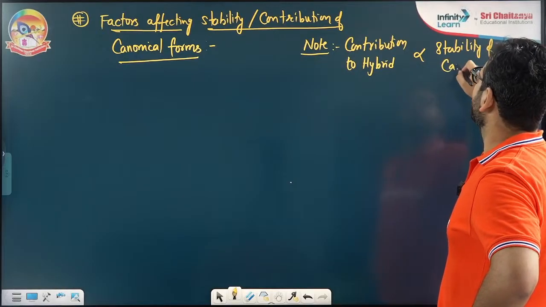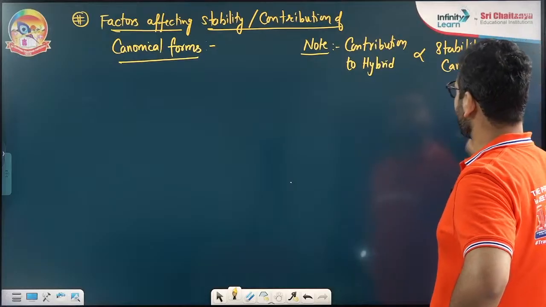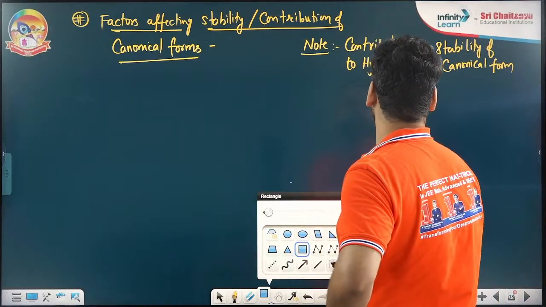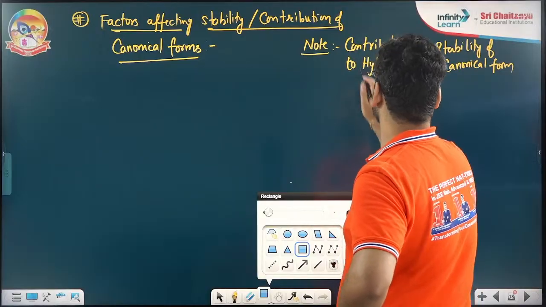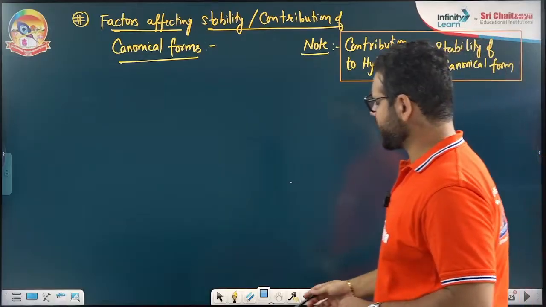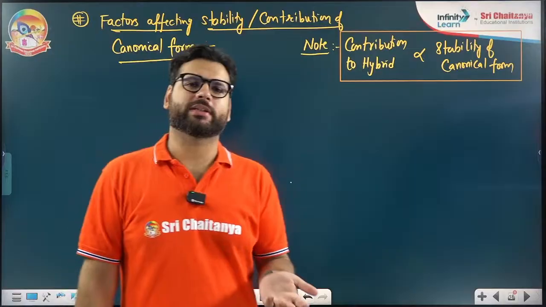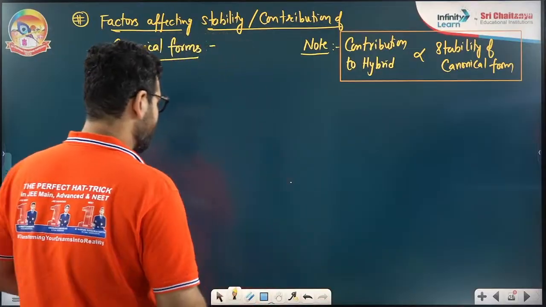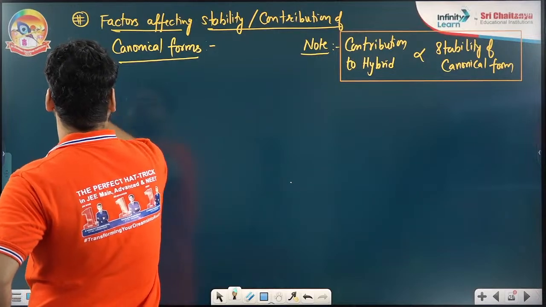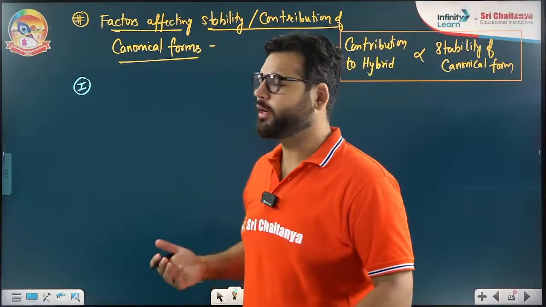Now, how do you check the stability? Always check it step by step. What is step number one? Step number one is the most important point: the more the number of bonds, the more the stability or contribution.